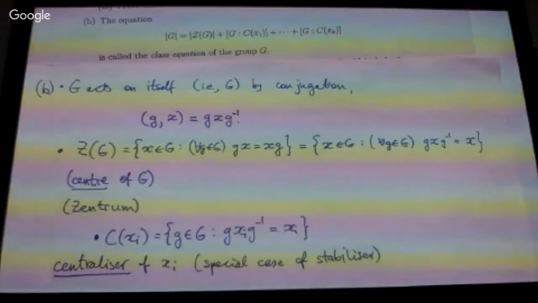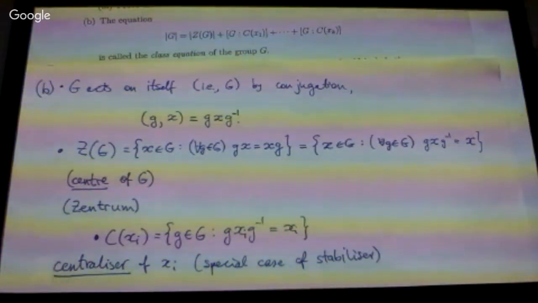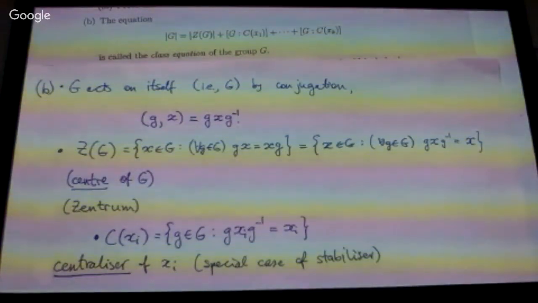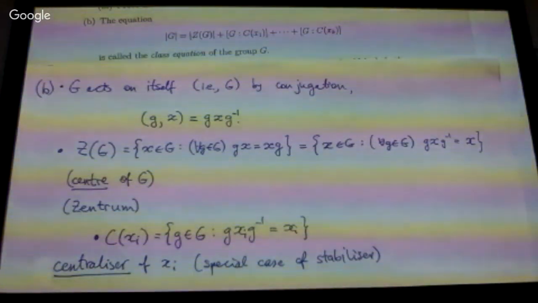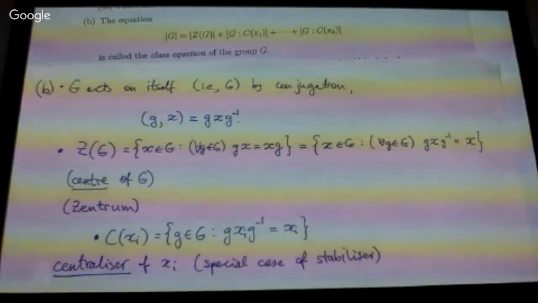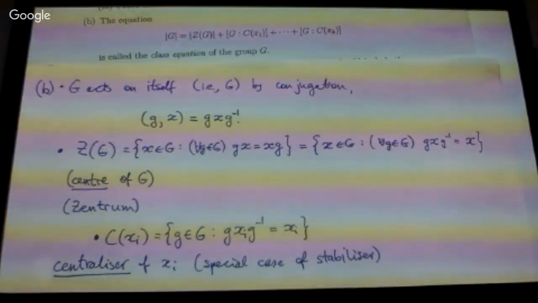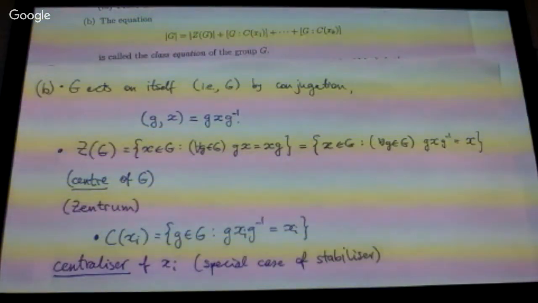Okay, so the set X that is being acted upon in any action is partitioned into the orbits. That's one thing we proved, that the orbits form a partition.